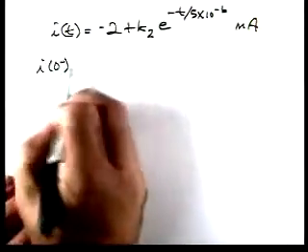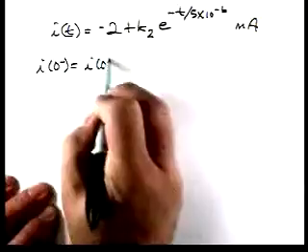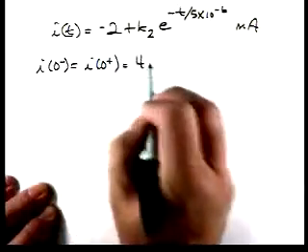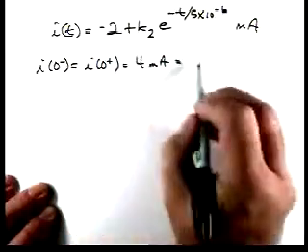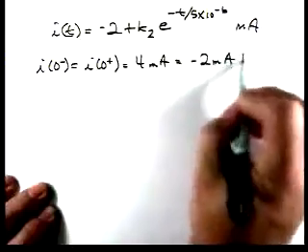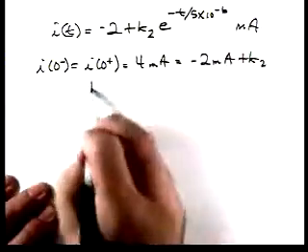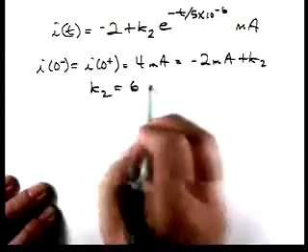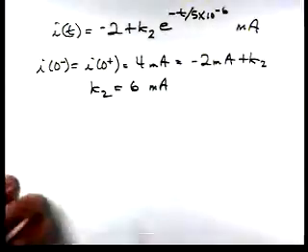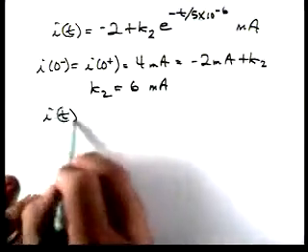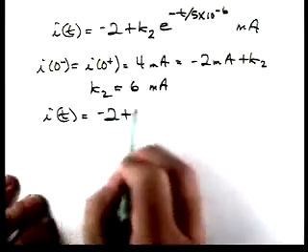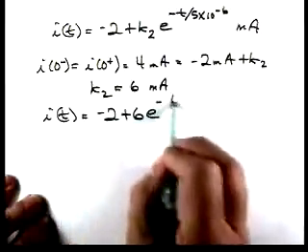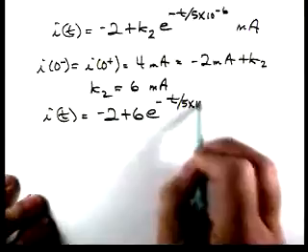We use our initial condition now. i(0 minus) equals i(0 plus) is equal to 4 milliamps, and that's minus 2 milliamps plus k2. So k2 is equal to 6 milliamps. So i(t) equals minus 2 plus 6 e to the minus t divided by 5 times 10 to the minus 6 milliamps.